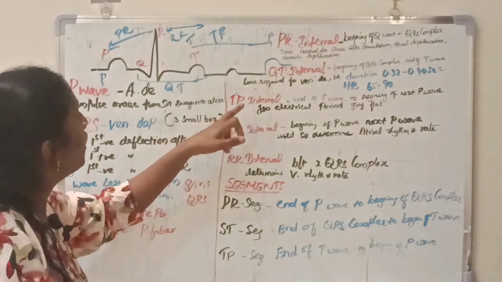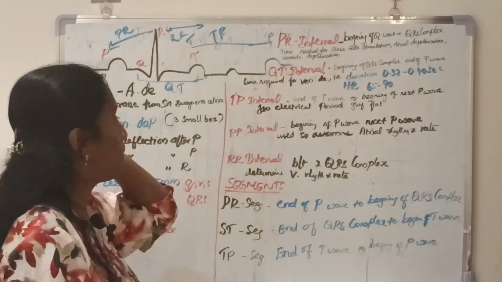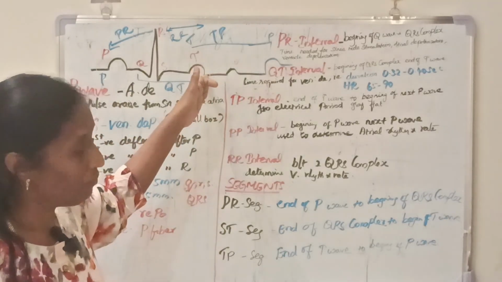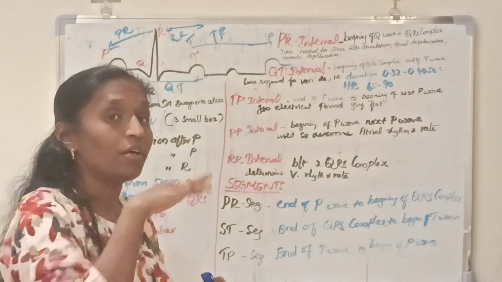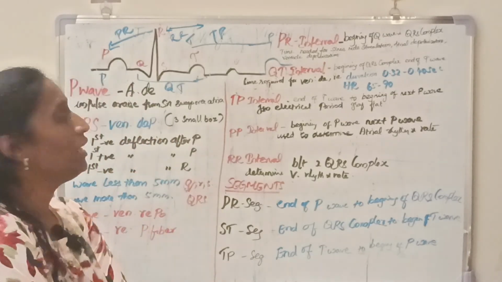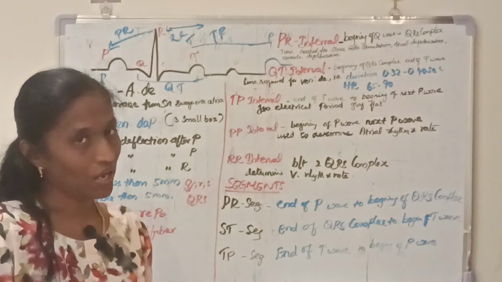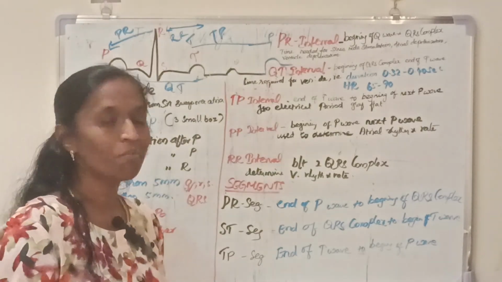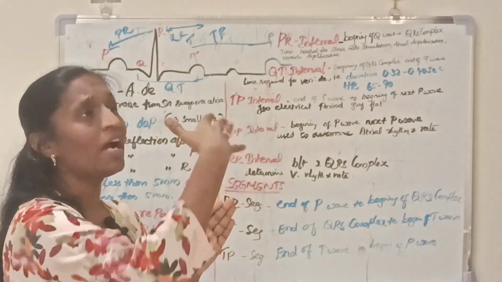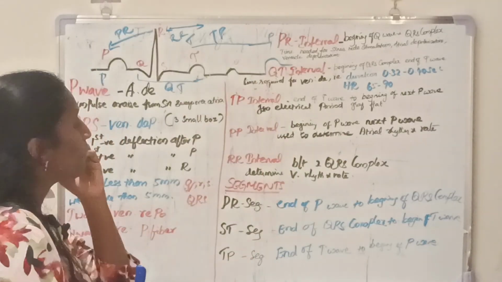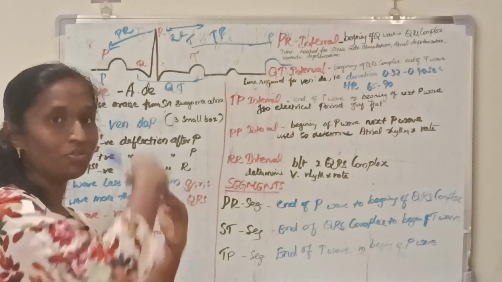And the next is the TP interval. It takes place between the end of the T wave and the beginning of the next P wave. We call it an isoelectrical period because there are no impulses between the T wave and the next P wave, so you can see a flat line. Next, the PP interval, from the beginning of one P wave to the next P wave.